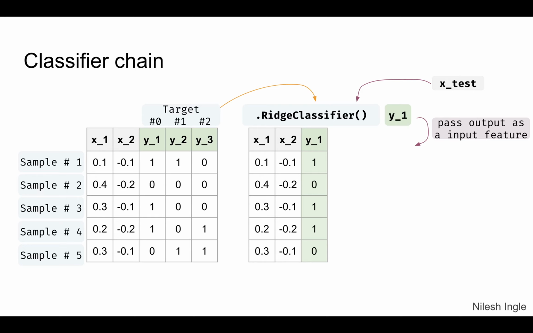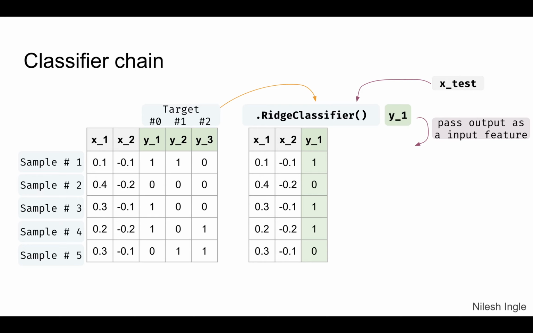Now, here's an interesting concept: the classifier chain. Let's say you have a data set such as shown here on the left-hand side, which has two features, but then it has three different targets, and each of those targets is binary, either 1 or 0.